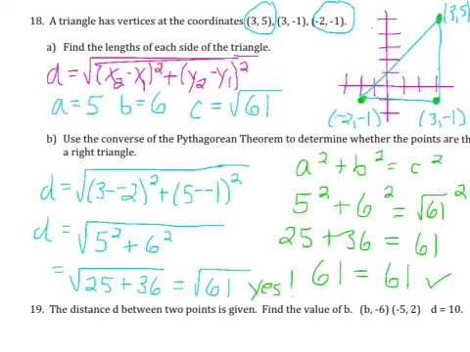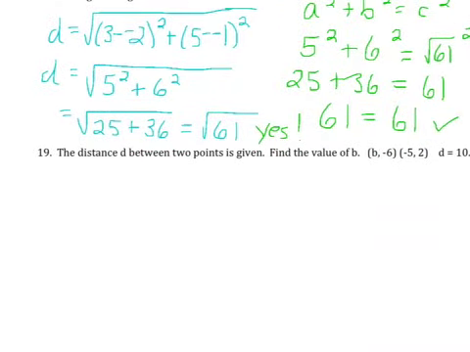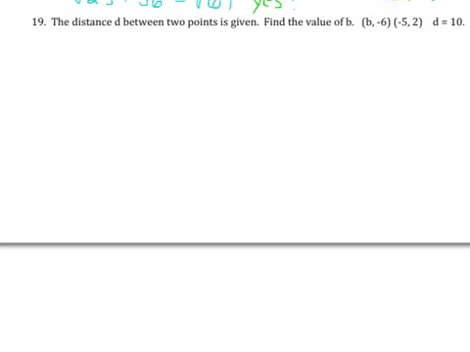Okay, moving down to the last problem. So the distance D between 2 points is given. Find the value of B, and we have the coordinates (B, -6) and (-5, 2), and D equals 10. So we're going to use the distance formula again to help us with this problem. So we have D equals the square root of x2 minus x1 squared plus y2 minus y1 squared.